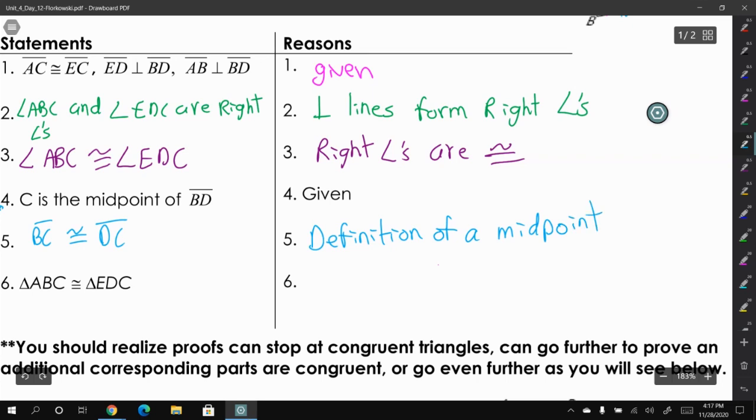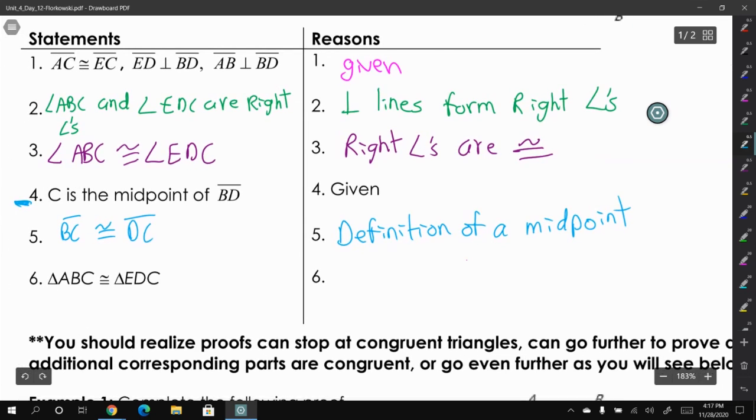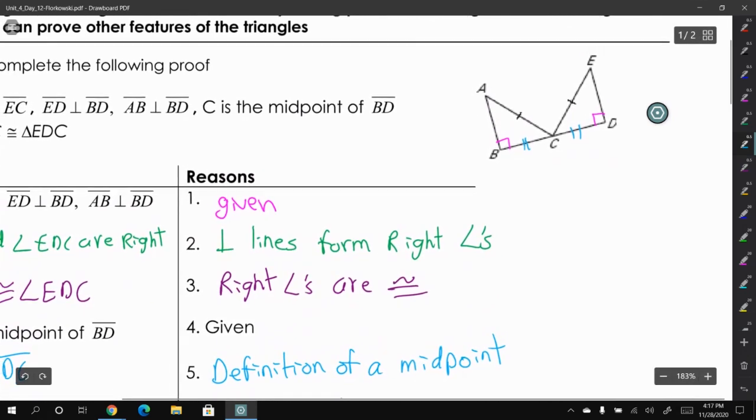And now our last statement is triangle ABC is congruent to triangle EDC. And why can we say that's true? Well, we have two congruent sides, but our angle is not the included angle. However, since that angle is a right angle, we can use the hypotenuse leg theorem.